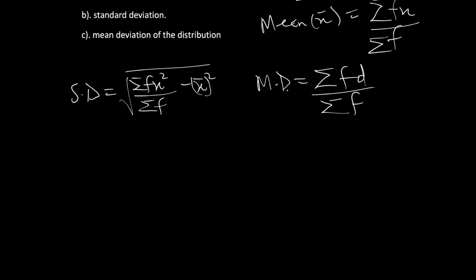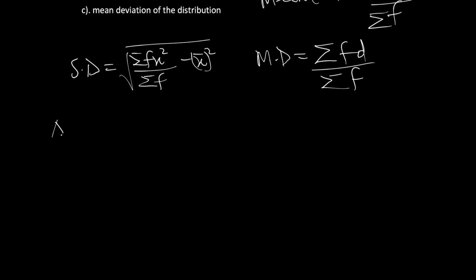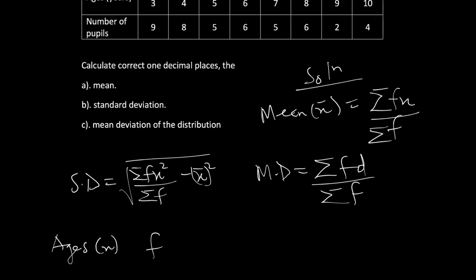So we can draw a table. We have our x, which is the ages, and our frequency f, which is the number of pupils.